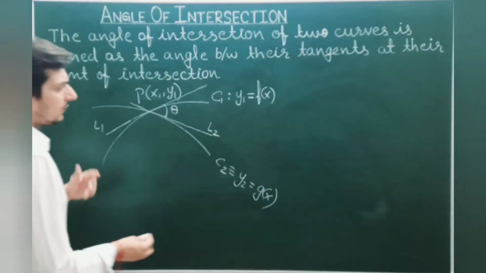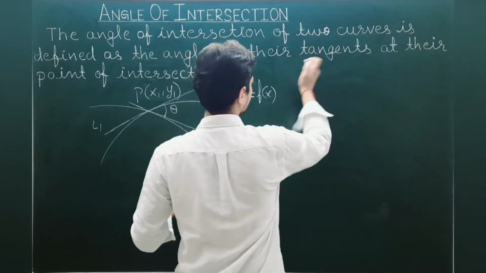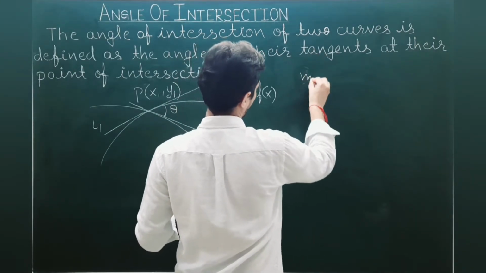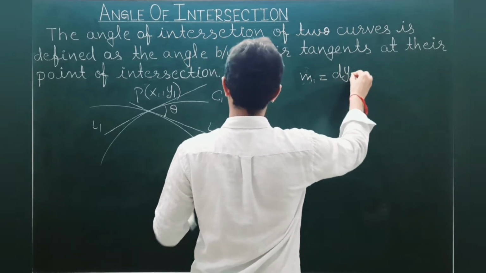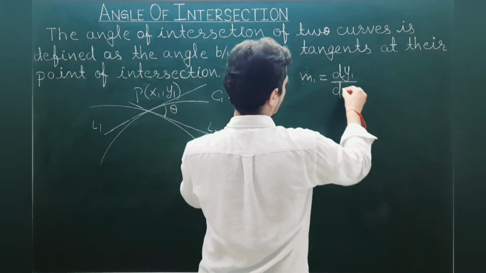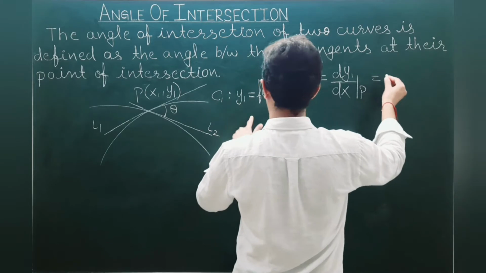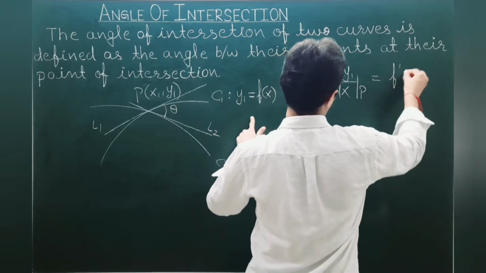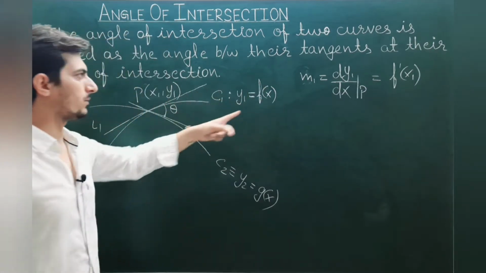So the slope of L1, let's say it is m1, will be dy1/dx at the point P. Let's say it is f dash of x1, right? The point P is x1 comma y1.